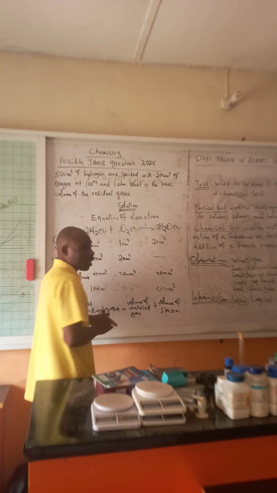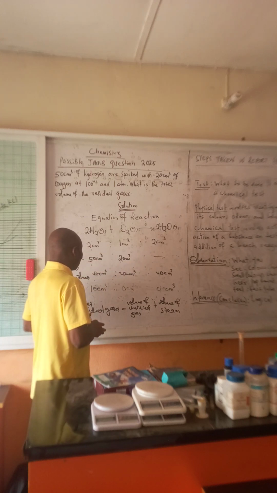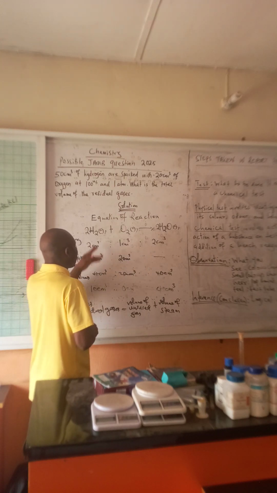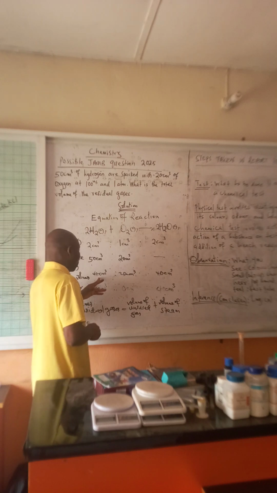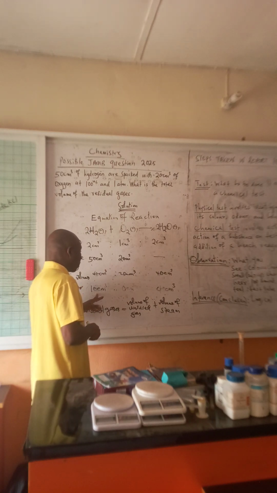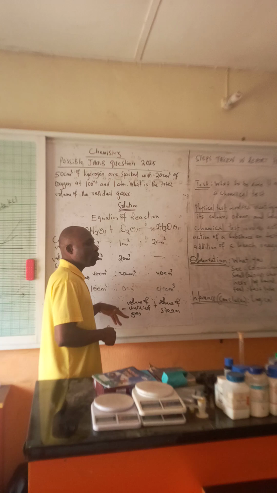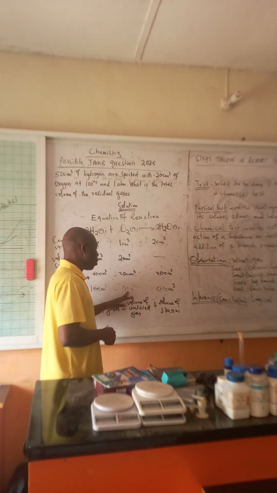JAMB might ask you what is the volume of the unused gas, which means out of 50 cm cubed of hydrogen, only 40 was used. Then the unused volume is 10 cm cubed. But for oxygen, out of 20 cm cubed, 20 was used, so there is no unused volume.